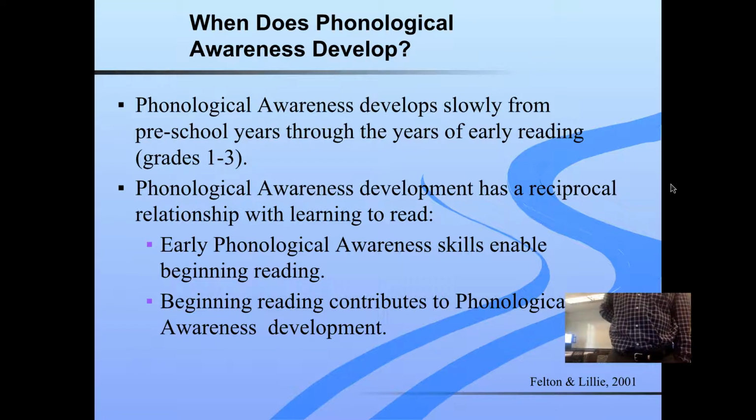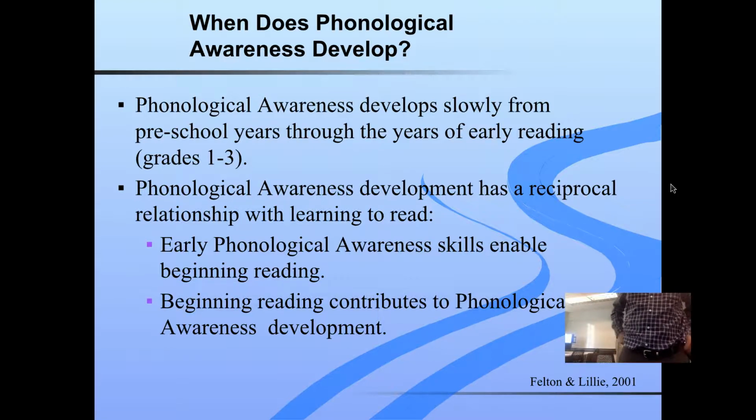Y for us is like a jump. And how do you say and? E. And how's that spelled? Y. So that's when they're making a different sound to letter correspondence because it's a different language.